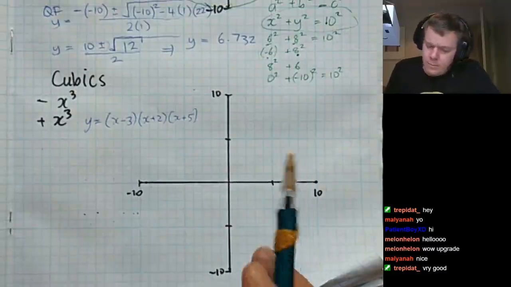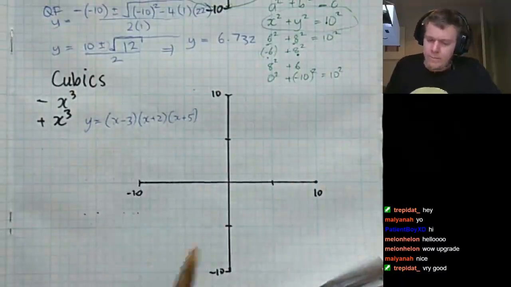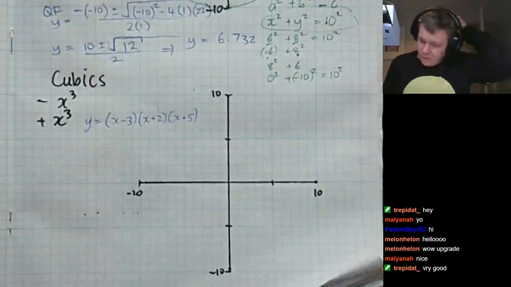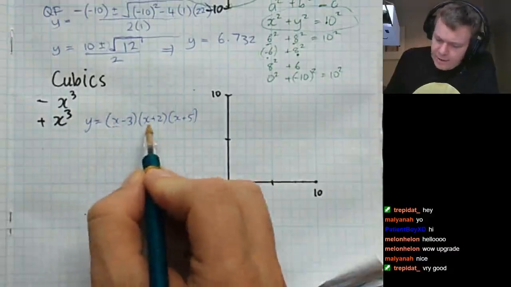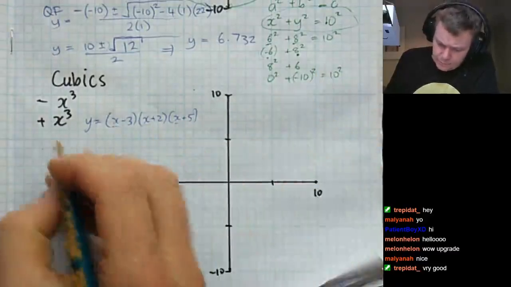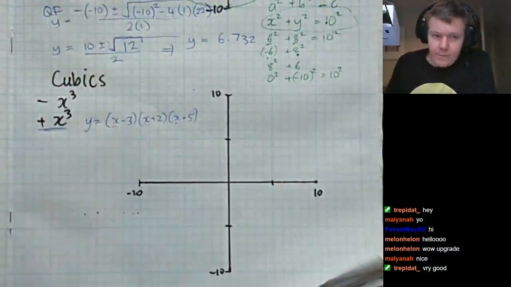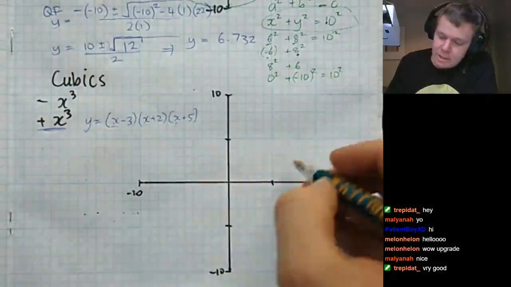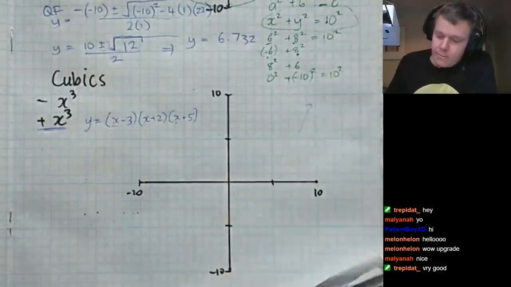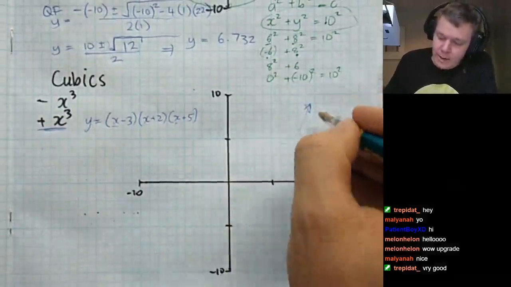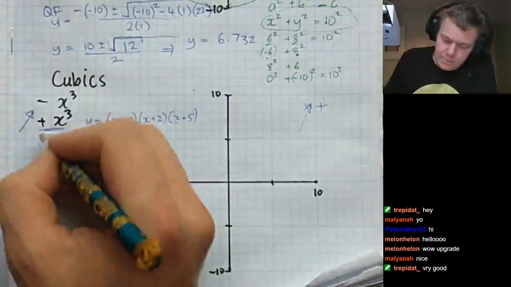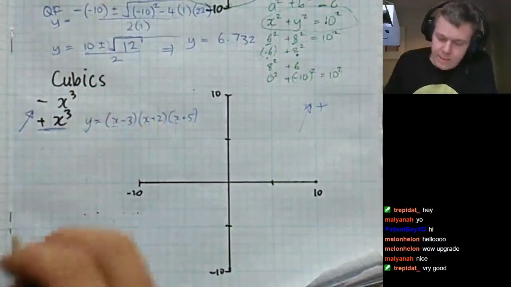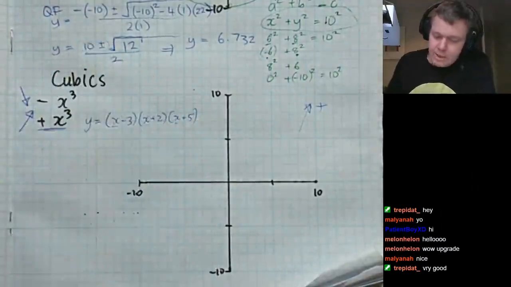So what you've got to do to plot these, all you need to know is that if I multiplied all these x's together, I would get a positive x cubed, and that is essentially how the cubic finishes. It finishes on the up, positive. So positives finish up, negatives they finish down.